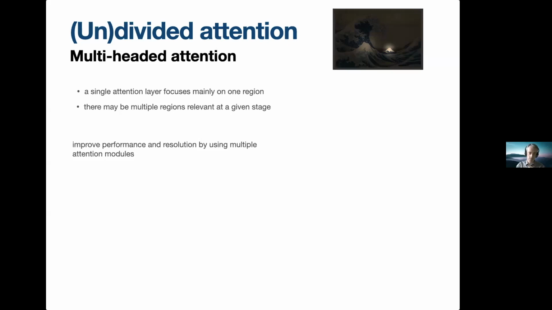That reduces your ability to localize where that information came from. On the other hand, if you focus on just one piece, you can maintain good localization information, but you lose the ability to match components, disparate information from disparate locations. So in order to address this tension, the paper introduces the multi-headed attention module.